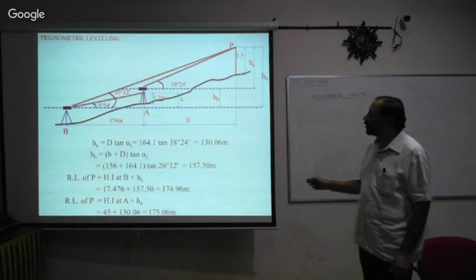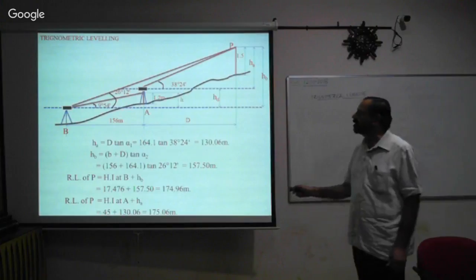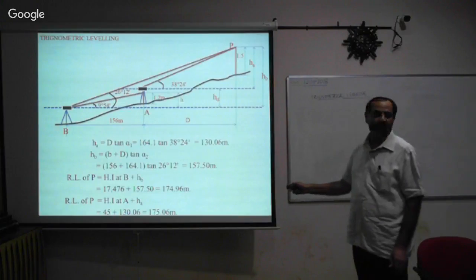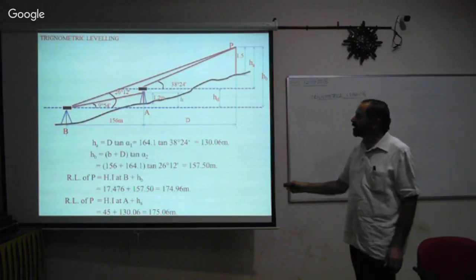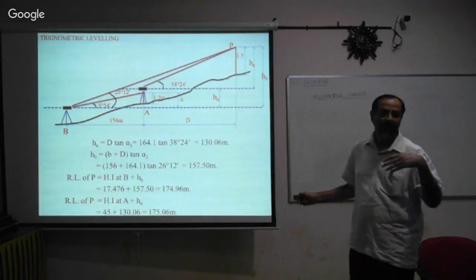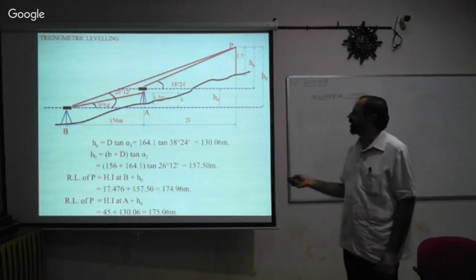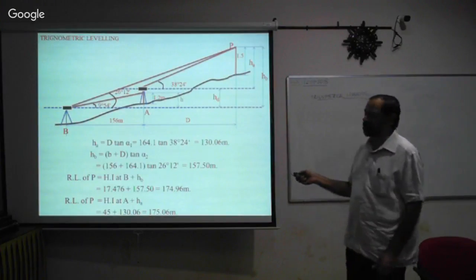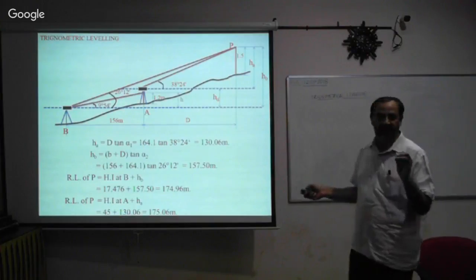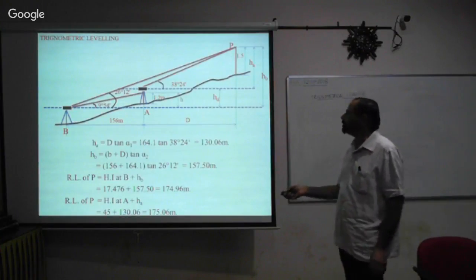The only thing we did here is calculate H is equal to B tan alpha 2. This is another angle measured, to make you work more and understand more. If they give the problem like this, there is not much problem. Only one more job.